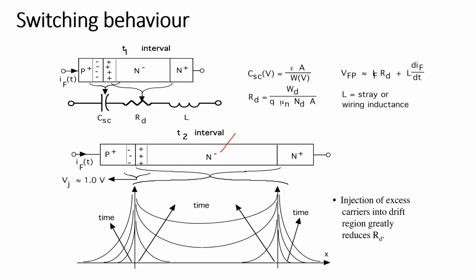We can see that delta p is increasing with time, and delta n is also increasing with time, until we get this nearly flat curve with Na equal to 10 to the power 16 per centimeter cube.